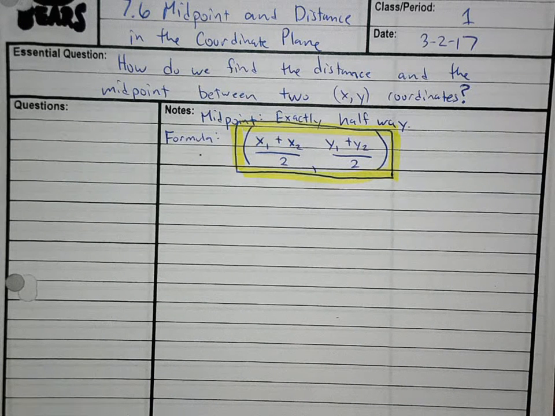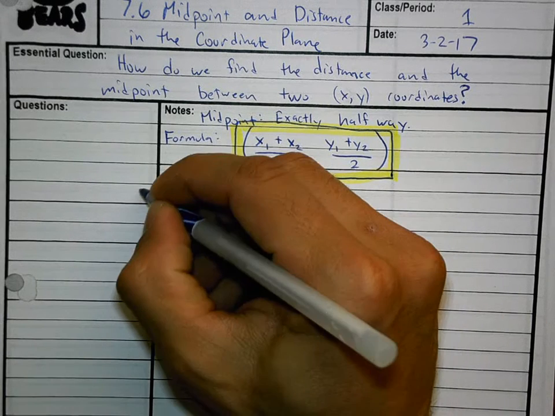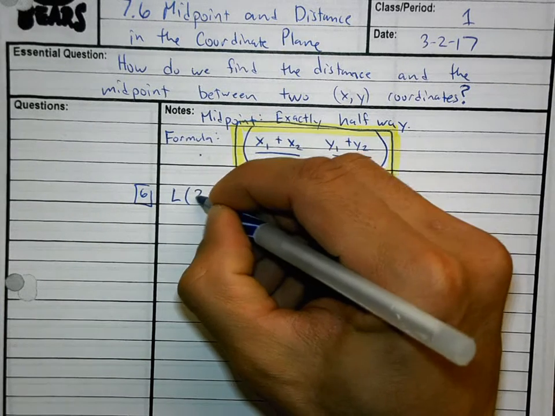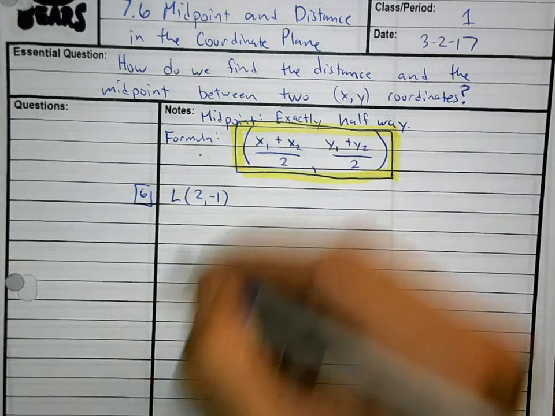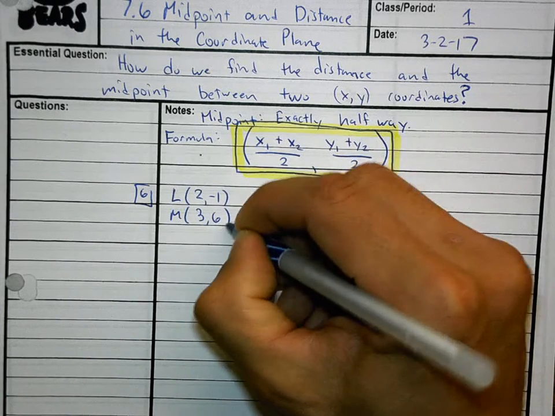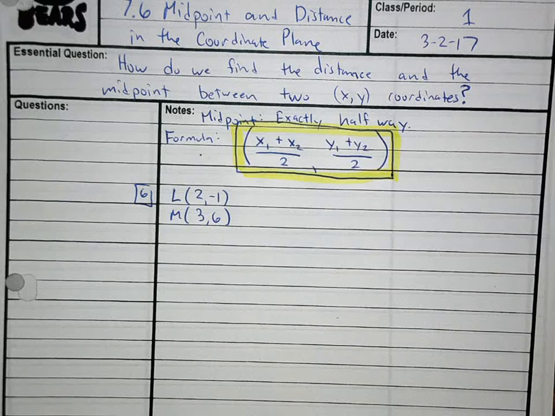Now the way this is going to work is you're going to be given a couple of points. Like this is number 6 on your worksheet. It looks like this. L is 2 comma negative 1. M is 3 comma 6. And they want you to find the midpoint of LM.